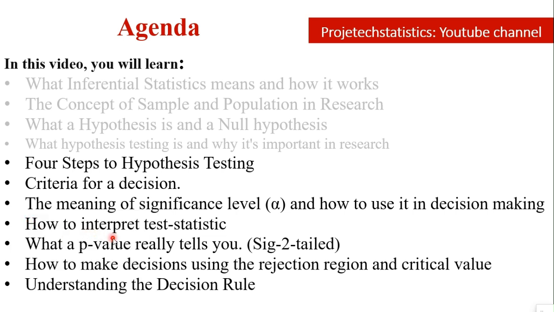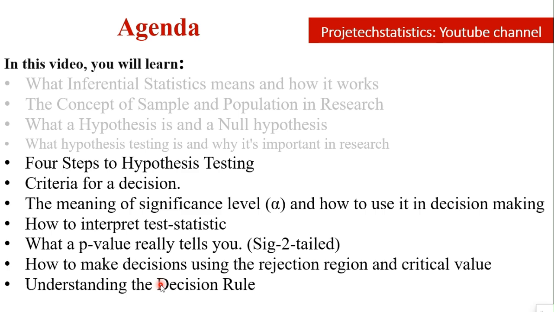We are also going to talk about how to interpret the test statistic, what the p-value really tells you in research and in hypothesis testing, how to make a decision using the rejection zone and the critical value, and more importantly, we'll also talk about understanding the decision rule.